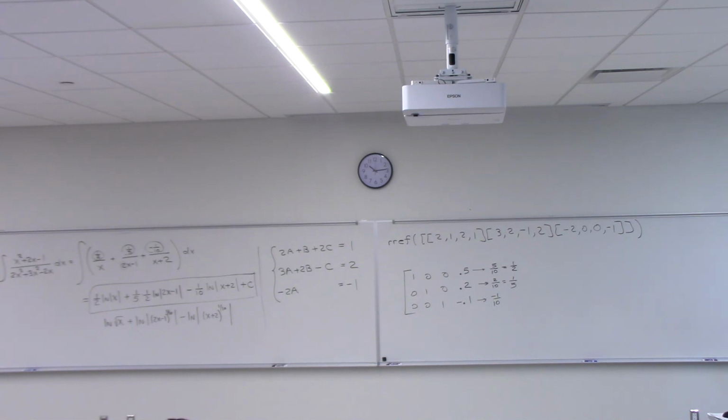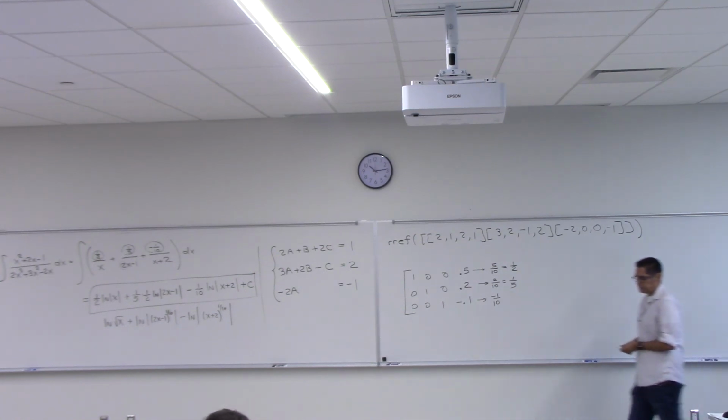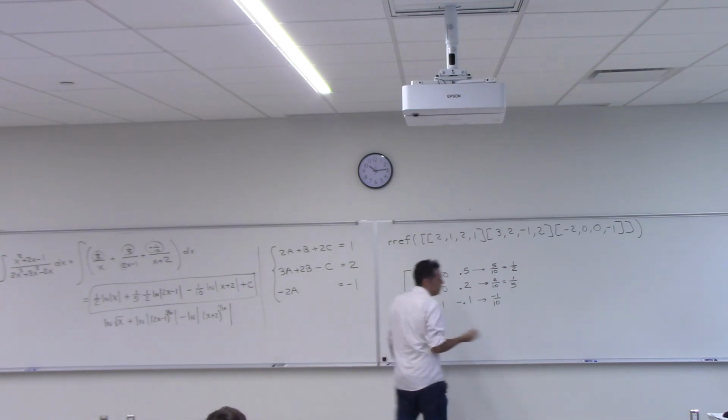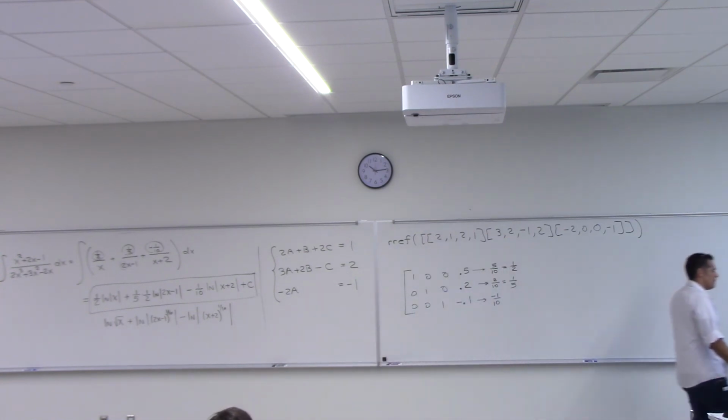Oh, sorry, that's really small. You can't see that. That's our answer? I'd be curious to see what Wolfram Alpha would give us, but we're going to move on.